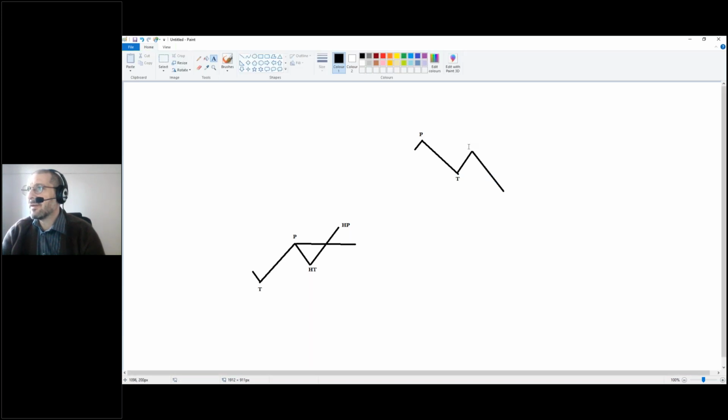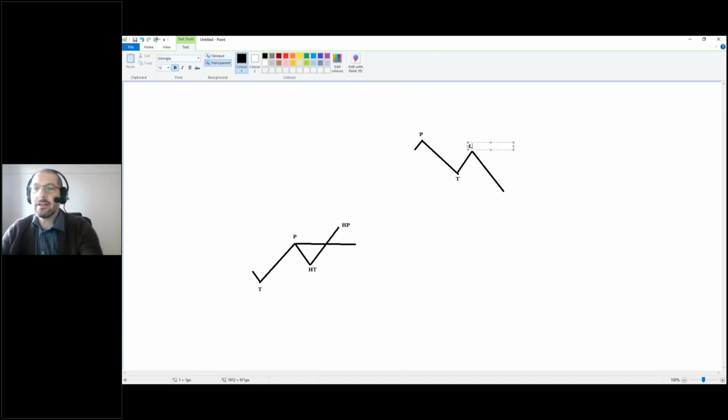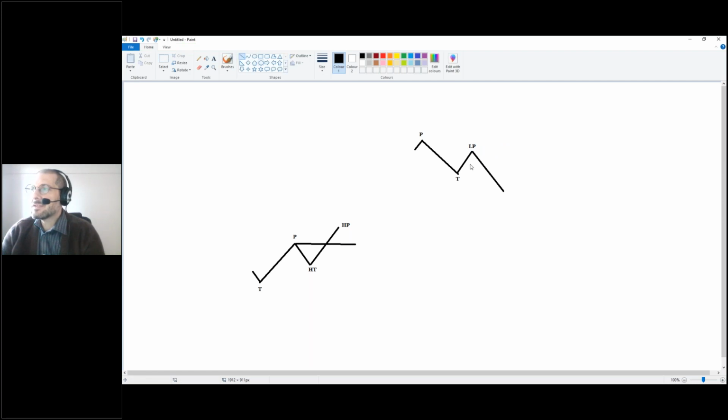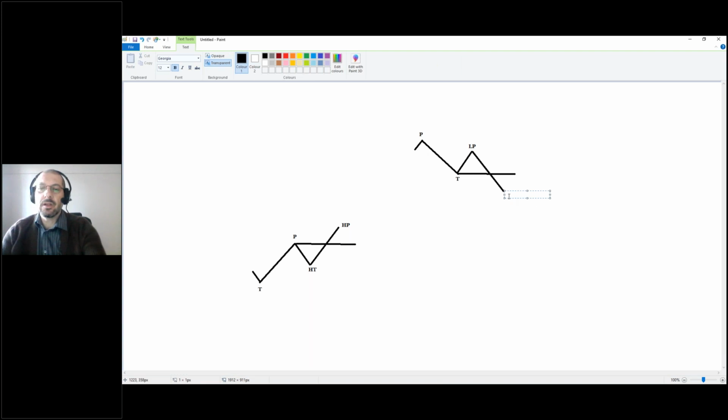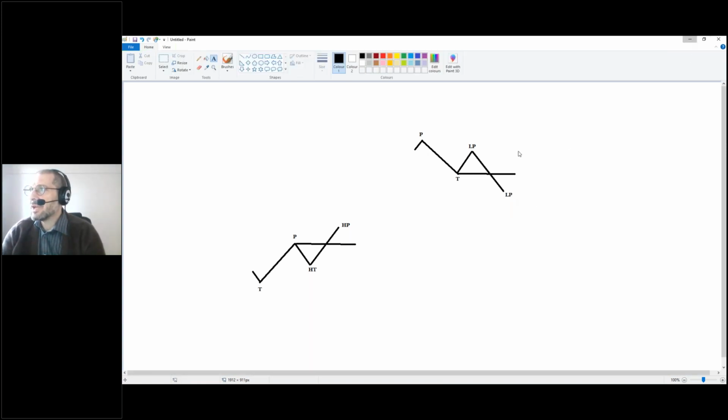Now here we'll put in the lower peak, LP. And as soon as price takes out the previous trough, then we've got the 4th point, the lower trough. So those are the 4 points that we work with in terms of trend.